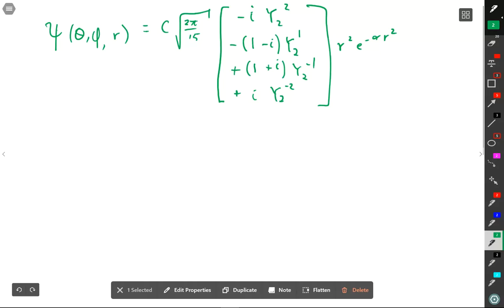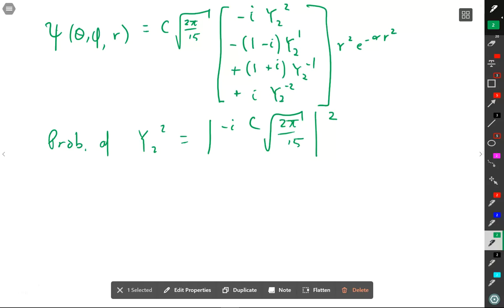That is, I know that the probability of Y22 is that, taking just the mod squared of the coefficient of Y22 and not worrying about the radial part. Except we have to figure out what C is, right?